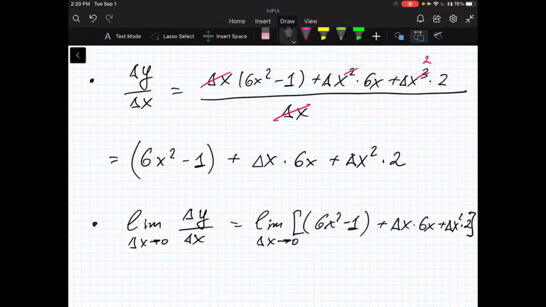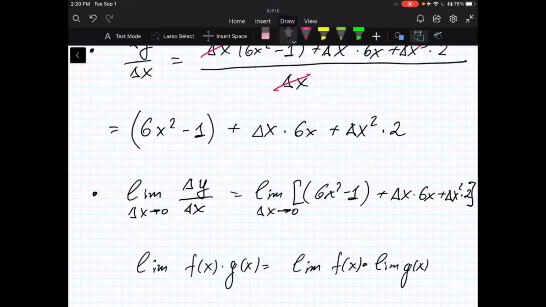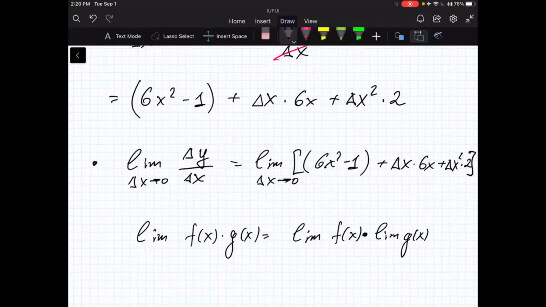And by the property, we remember that the limit of the product of two functions is the same as the limit of the first function times the limit of the second function, if these two limits exist. And since the limit of the first function, which is delta x, is 0, we get that the whole expression goes to 0. And the same for delta x squared. Both of them go to 0 because they contain delta x that goes to 0.